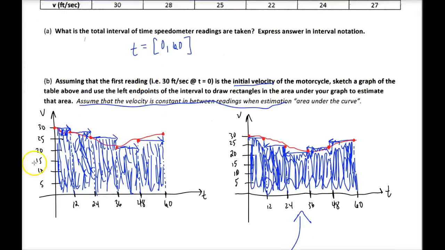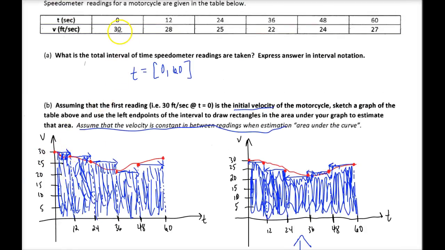and we'll just go ahead and write it out here. So it's just going to be this first rectangle here. And of course, our delta x for all this will be 12. And our heights here, since we're doing a left endpoint estimate, are going to be 30, 28, 25, 22, and 24 for the heights of our rectangles there. Okay, so this is 30, 28, 25, 22, and 24.